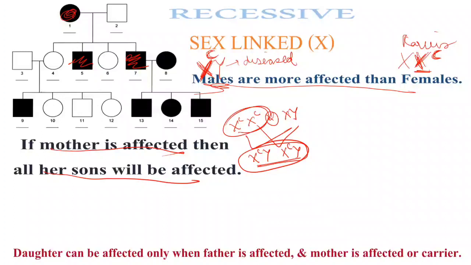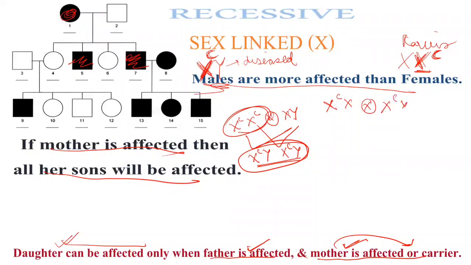And the second is that a daughter can be affected only when the father is affected and the mother is affected or a carrier. If we see in this condition that this mother is a carrier and is crossed with the diseased father, then only the daughter can be affected.